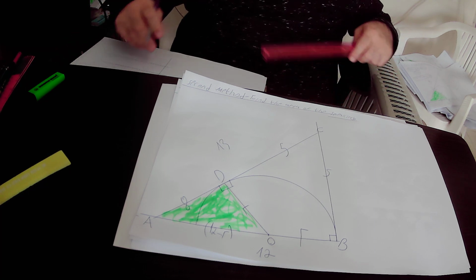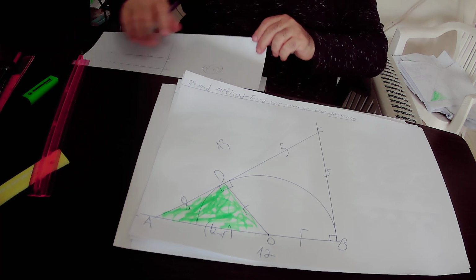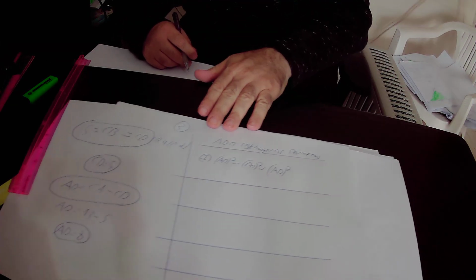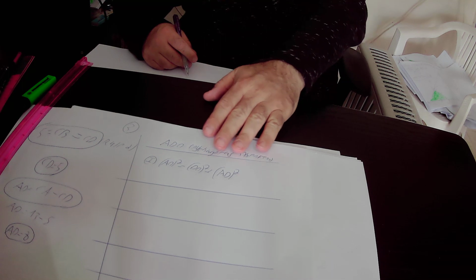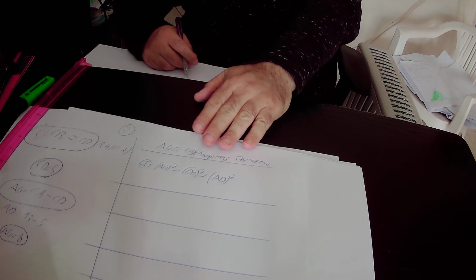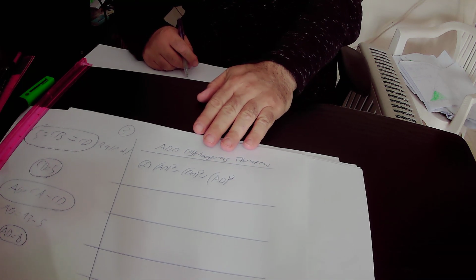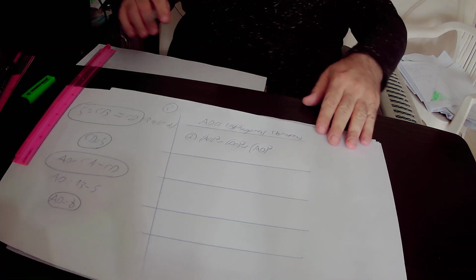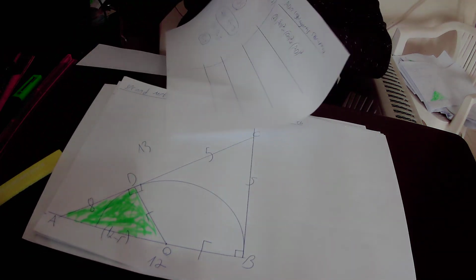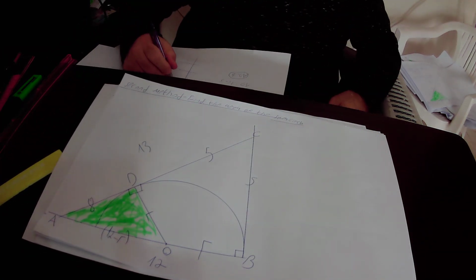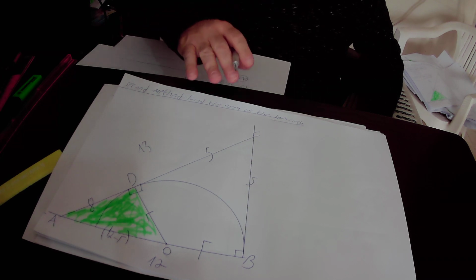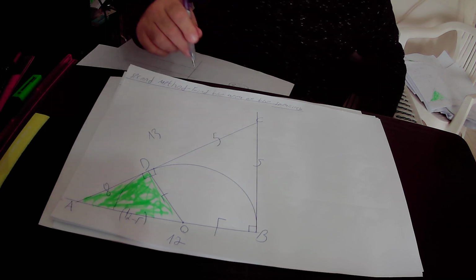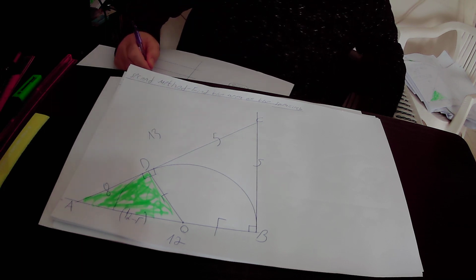I will repeat again. In the right green triangle ADO, according to the Pythagoras theorem, the square of the hypotenuse equals the sum of the squares of the perpendiculars. So that is to say, AO squared equals DO squared plus AD squared. So AO, you can see in the drawing, equals 12 minus R. Therefore, AO squared will be equal to (12 minus R) squared.